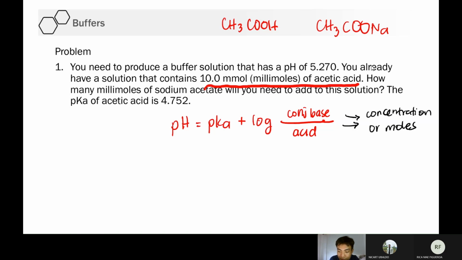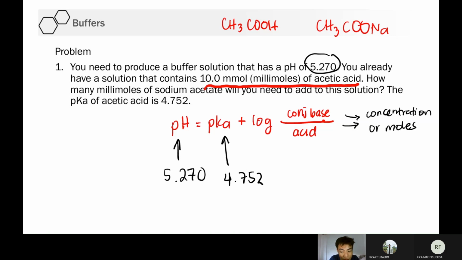So, yan. Ngayon, plug in natin yung values. Ang sabi natin, kailangan ito yung resulting pH. So, kailangan ang result ng Henderson-Hasselbalch equation natin will be 5.270. Ang pKa, that is always given. So, that will be 4.752.